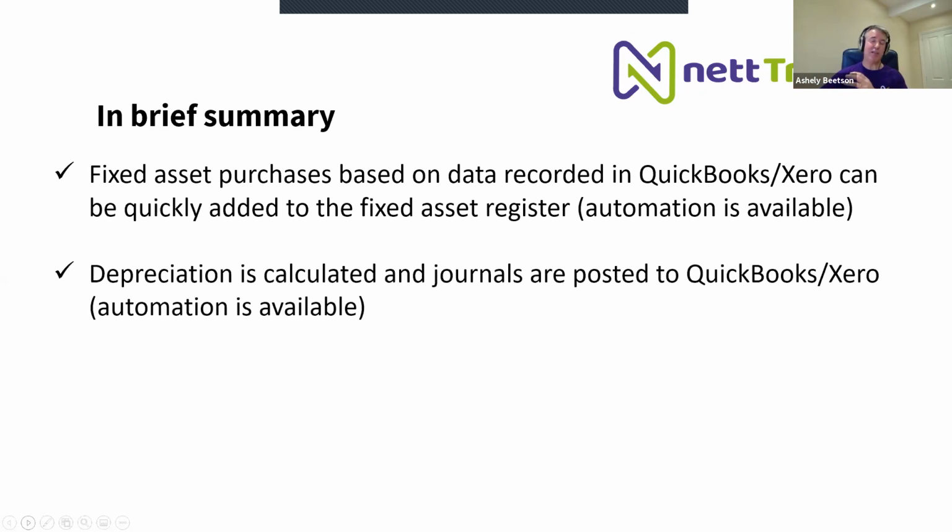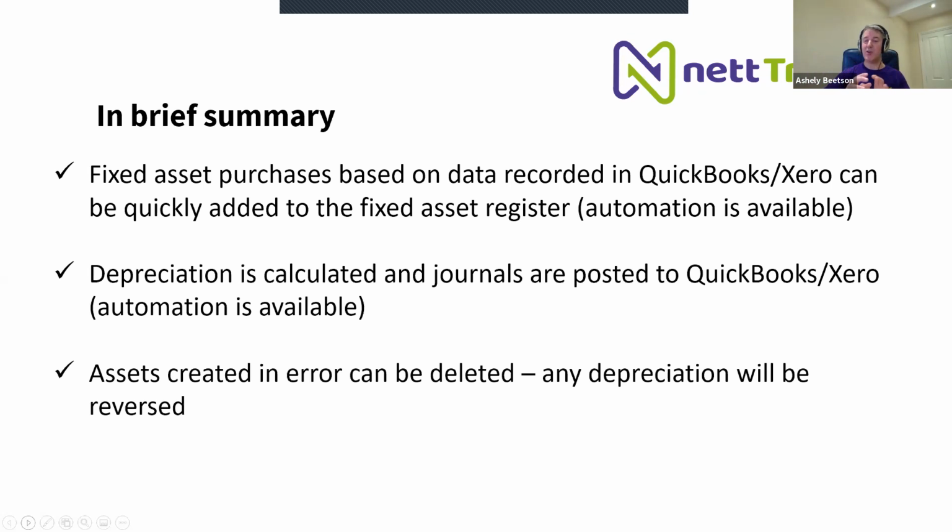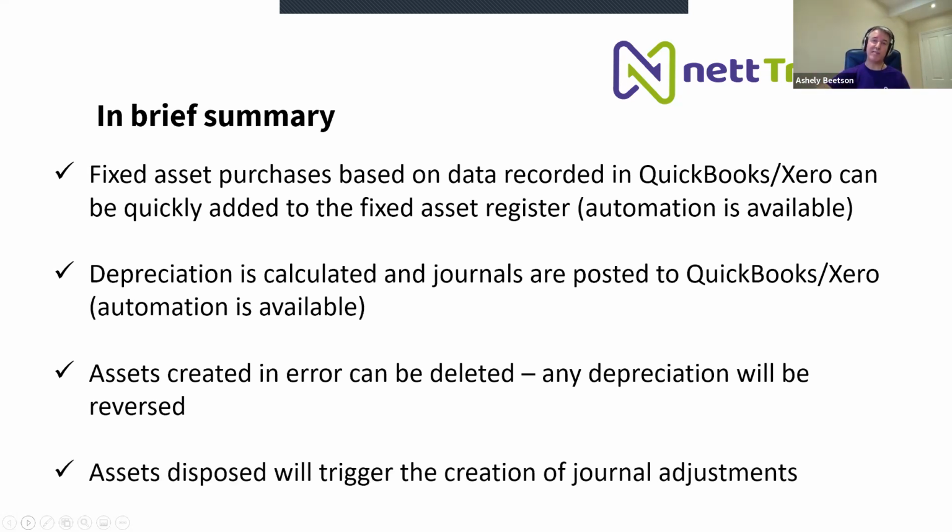You can, and it's a nettTracker. You can set it up and then forget about it until you need to do an annual review. If you put something in by mistake, you can easily delete it, just as I have done there, and it will reverse any of the depreciation that was put through. And if you want to dispose of an asset, mark it as disposed, and all of the journals you need for those disposal entries will get made.